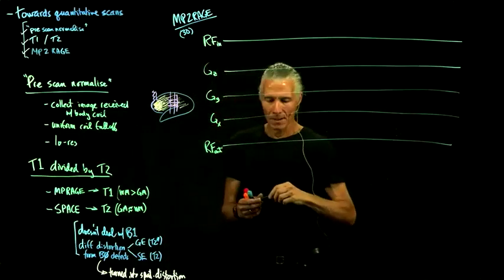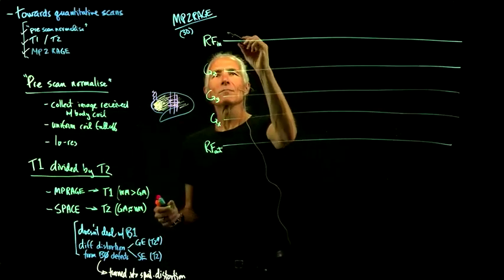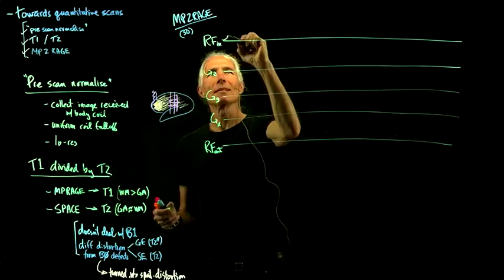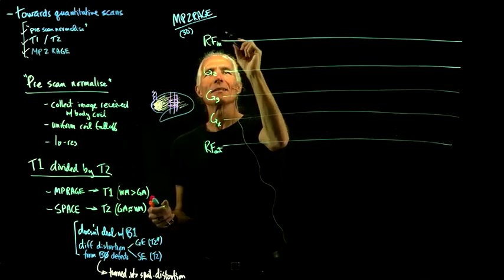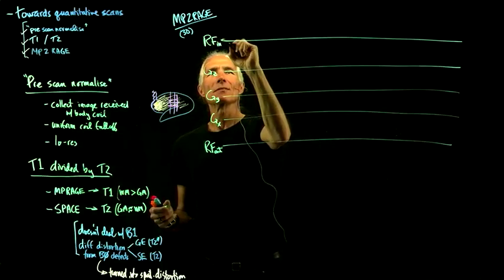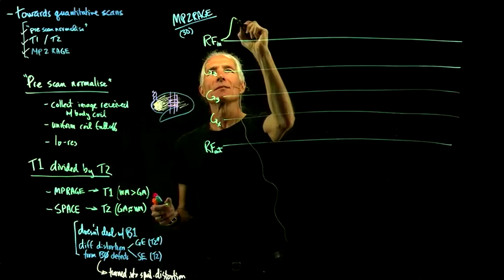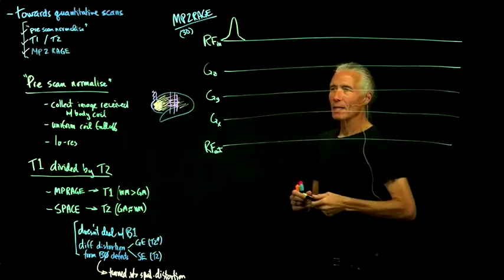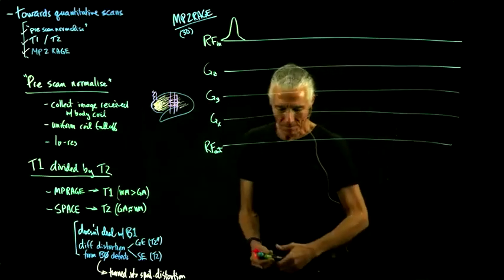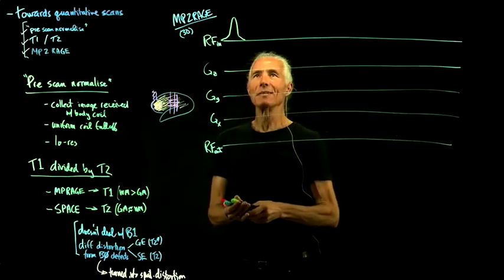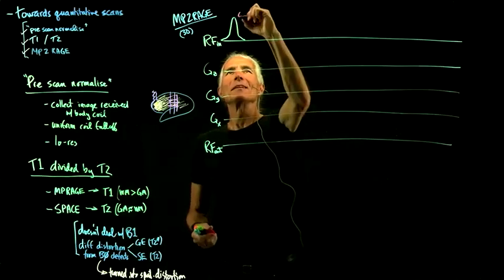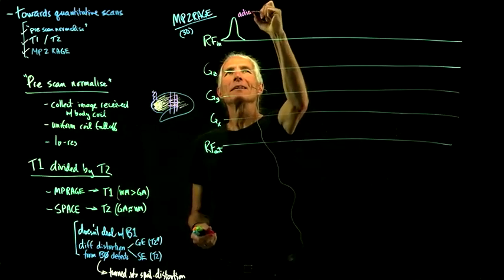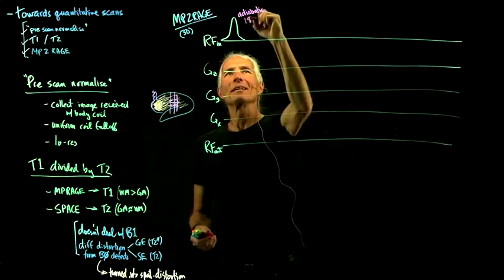So the first thing is we do a high quality inversion. There are different ways of doing an inversion that take varying amounts of time. The first thing we do is an adiabatic 180.